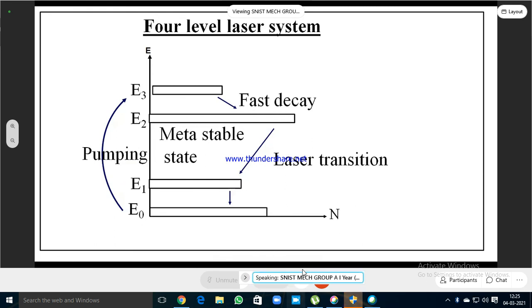Minimum three energy levels must be required to achieve the laser radiation, and four is also possible.